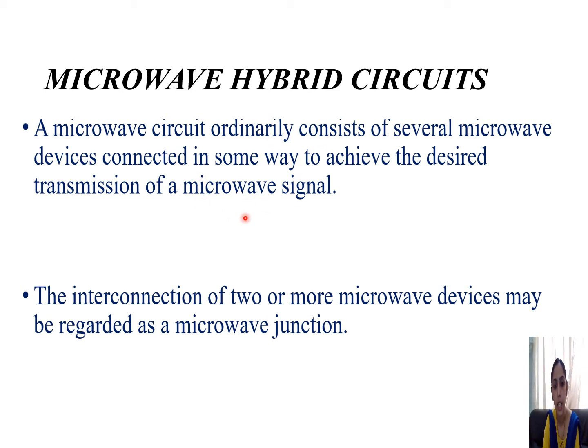So how can this be achieved? By the interconnection of several microwave devices. The interconnection of two or more microwave devices may be regarded as a microwave junction. So junction, as the name indicates, is an interconnection of microwave devices.